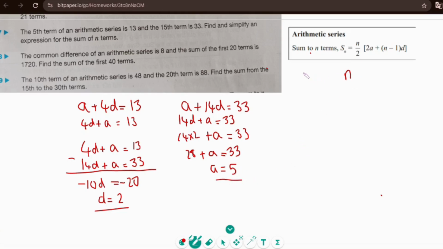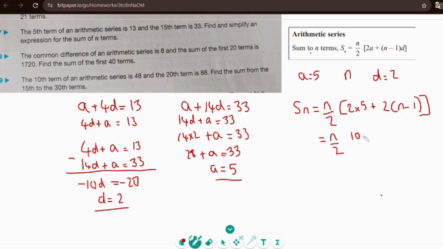N is n, a is 5, d is 2. So we want an expression, so we're going to have some n's in this. Just going to bring my d on the other side, because that's the side I like when I'm expanding brackets.